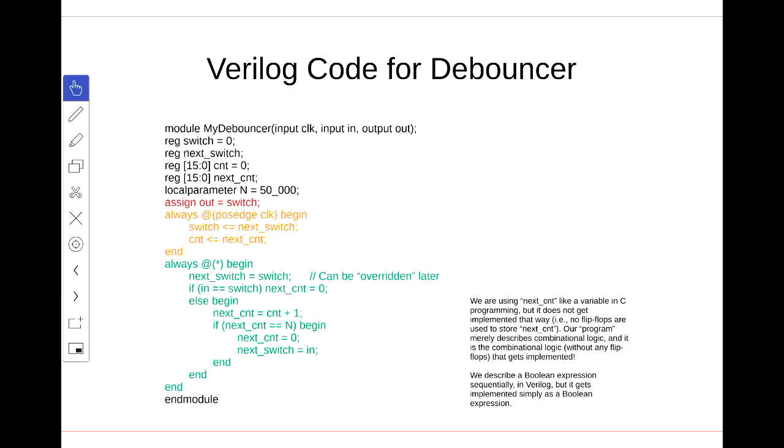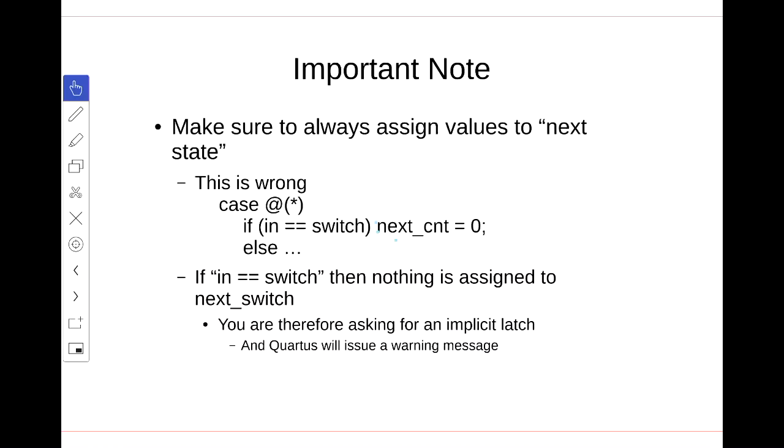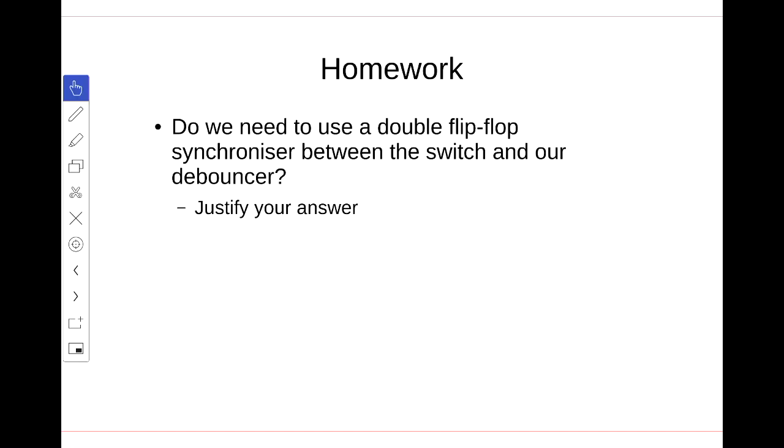So I've taught you about metastability just before. I'm now asking the question, will anything go wrong? And if something does go wrong, what will go wrong if this input here can change at any time it likes? So that's your homework, to try to figure out what's going to happen under that condition there.